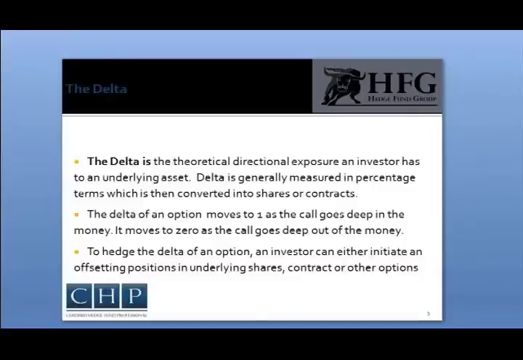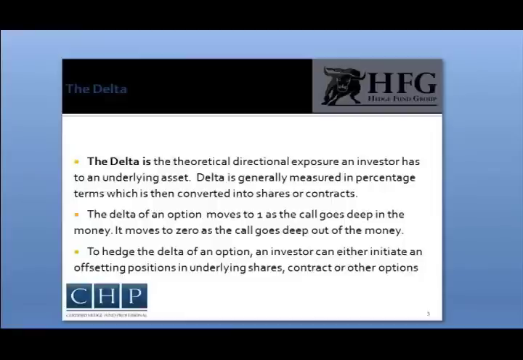A $1 move in either direction, leaving all other factors unchanged, would create a P&L of $50 or minus $50. The delta of an option moves to 1 as a call goes deep in the money. It moves to 0 as a call goes deep out of the money.